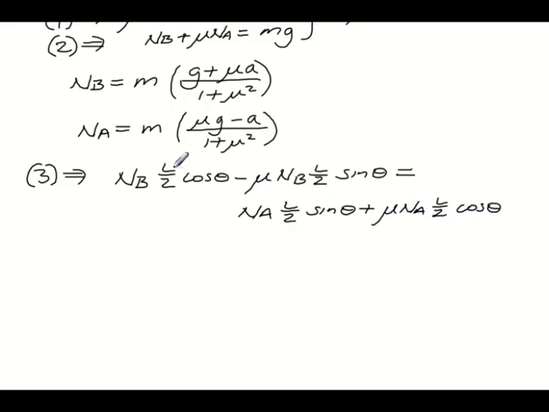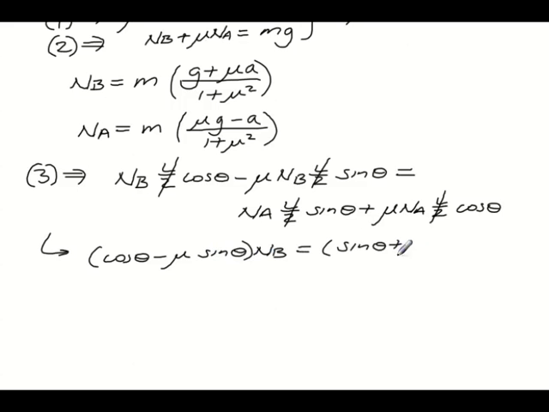It simplifies just a tad. The length of the bar doesn't make any difference. The L's will cancel out. Group together my NBs and get cosine theta minus mu sine theta times NB. The right side is equal to sine theta plus mu cosine theta times NA.